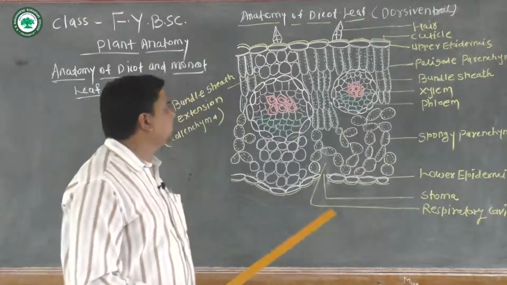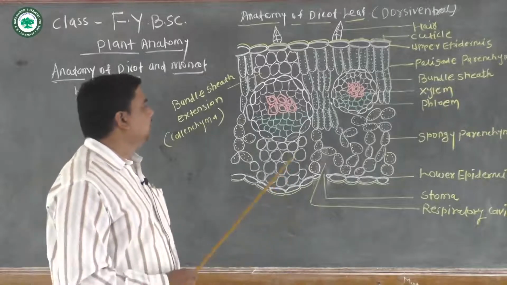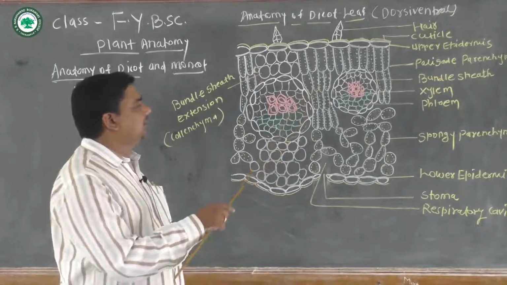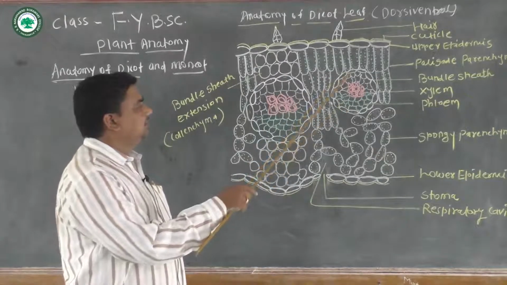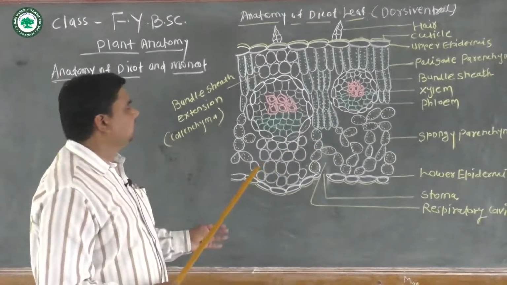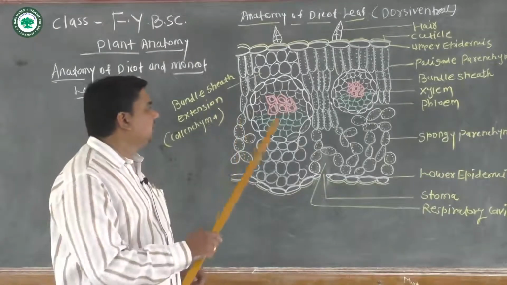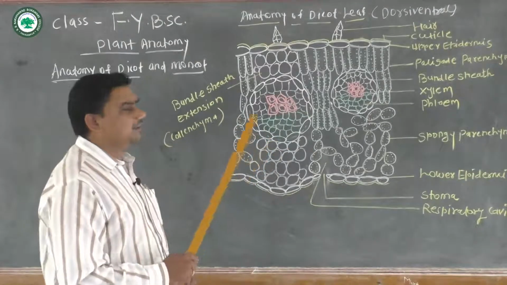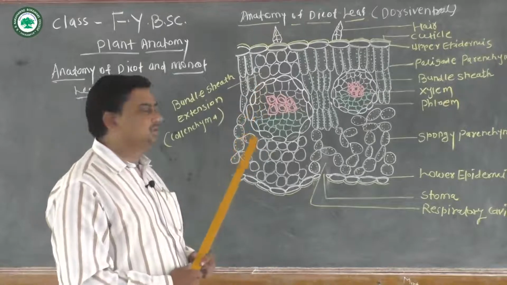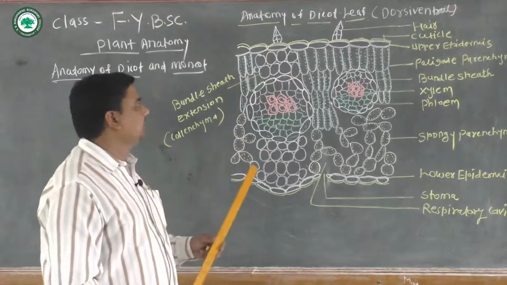Here you can see there are the larger vascular bundle and the smaller vascular bundle. The section cut from the mid vein shows the larger vascular bundle, and the other mesophyll tissues show the smaller vascular bundle.